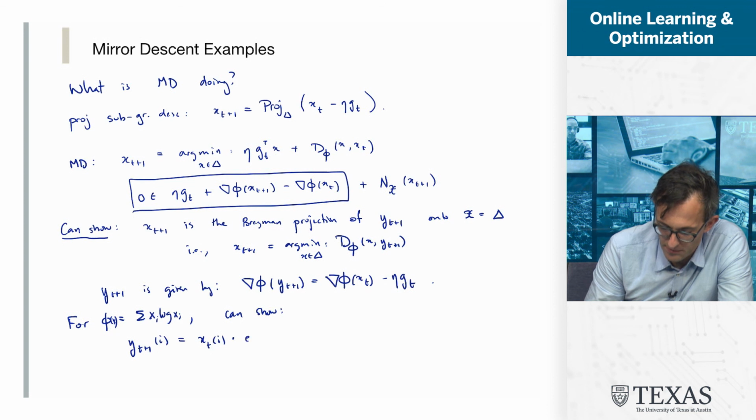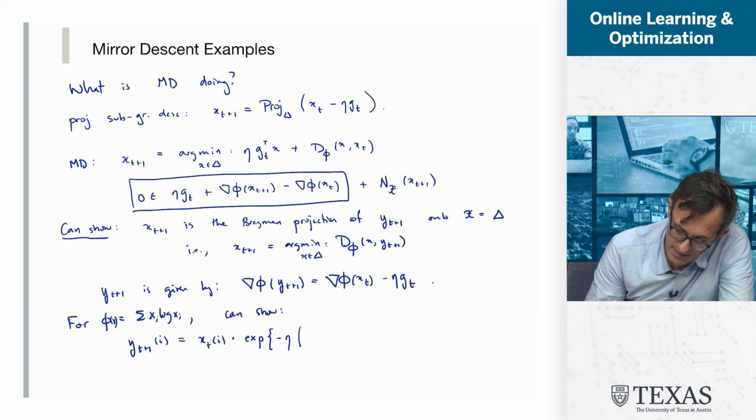So let's see what that multiplicative factor is. It's e raised to the minus eta times the ith element of the gradient of f at xt.